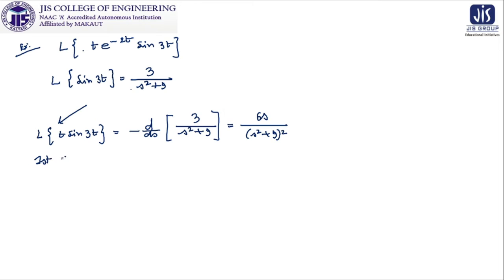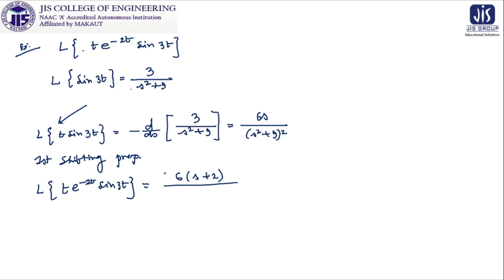for the first shifting property, as discussed in the last problem, or rather given the clue in the last problem. We can write Laplace transform of t e to the power minus 2t sin 3t as 6s, where s will be replaced by s minus a.